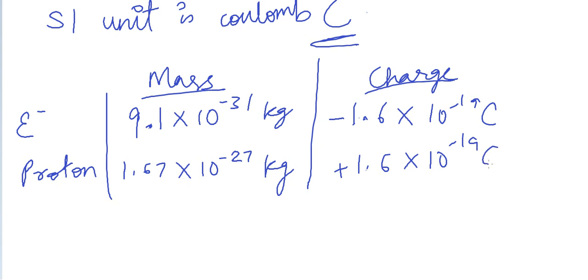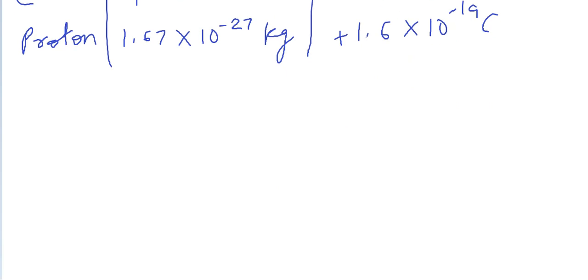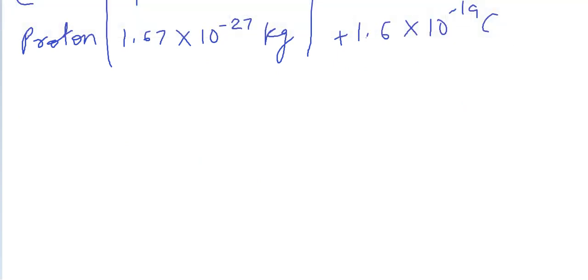A point to be noted here is that repulsion is the sure test of electrification and not attraction. If somebody asks you, or maybe it comes in your test, this is for your knowledge. Repulsion is the sure test of electrification. I'll tell you why.